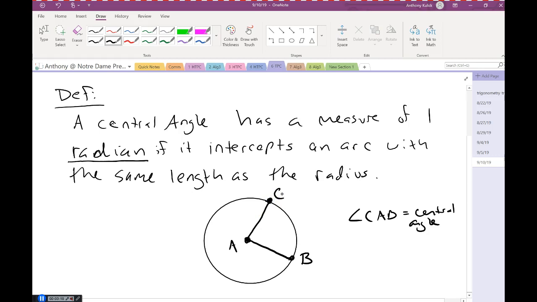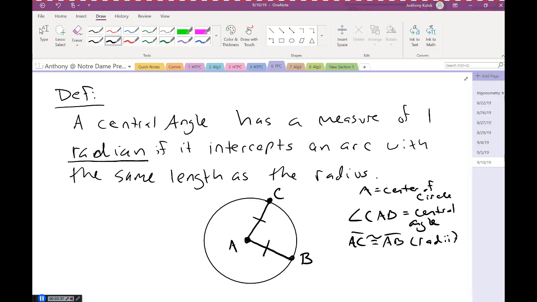So if A is the center of the circle, that means that AC and AB are radii. Remember, a segment from the center of the circle to anywhere on the perimeter of the circle is a radius. Everybody okay with that vocabulary?